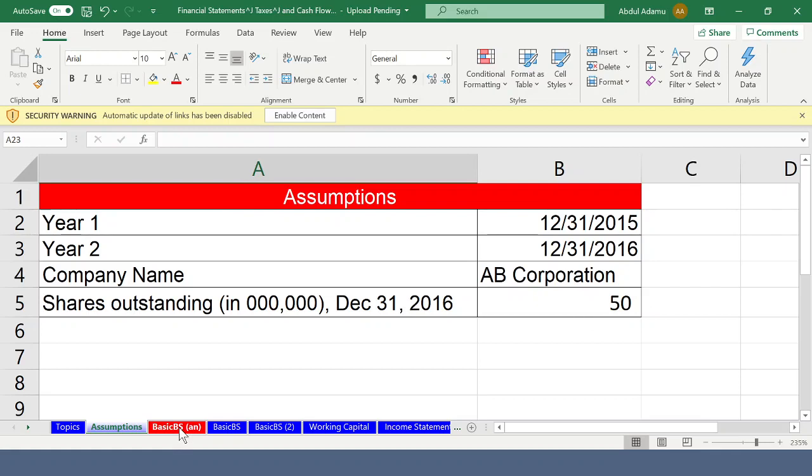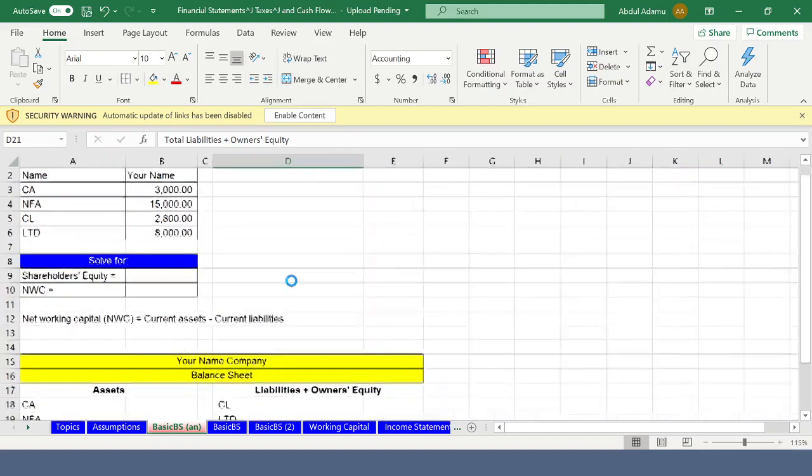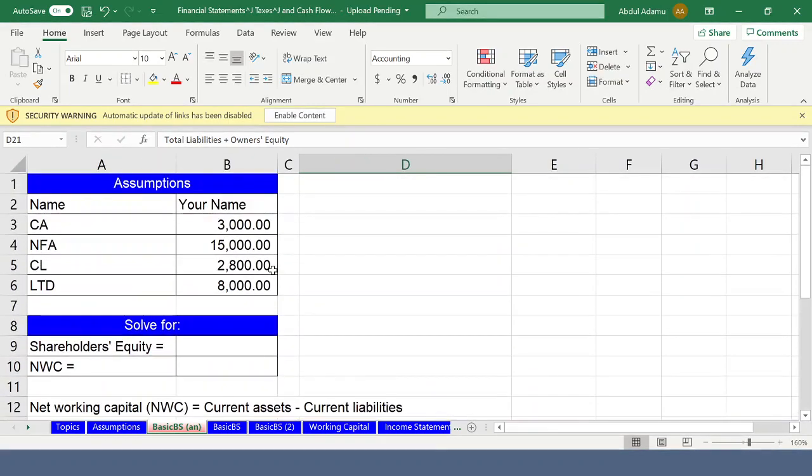Now for the balance sheet, items are arranged in order of liquidity like we mentioned in the class. We have current assets, we have net fixed assets, we have current liability, we have long-term debt.